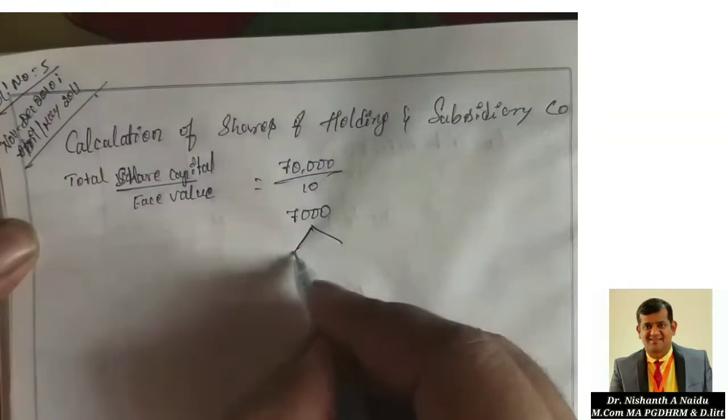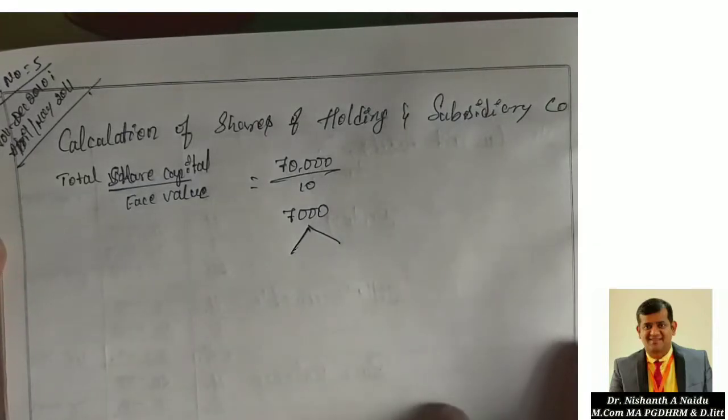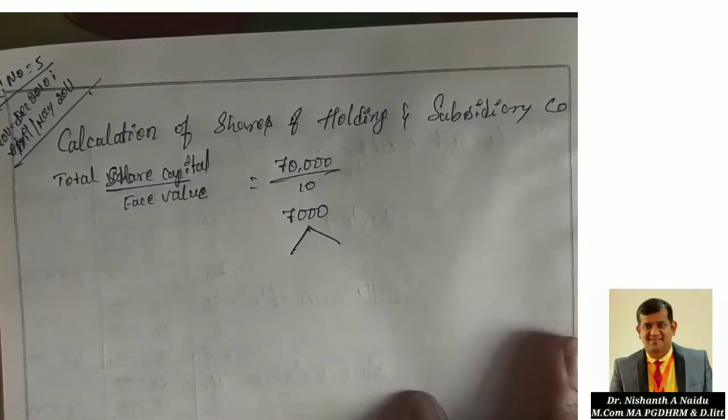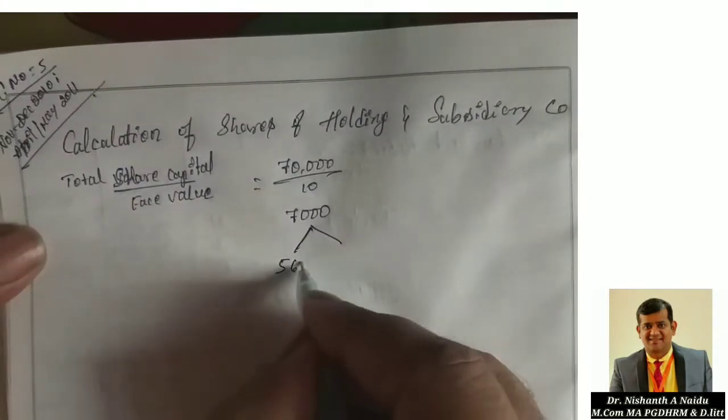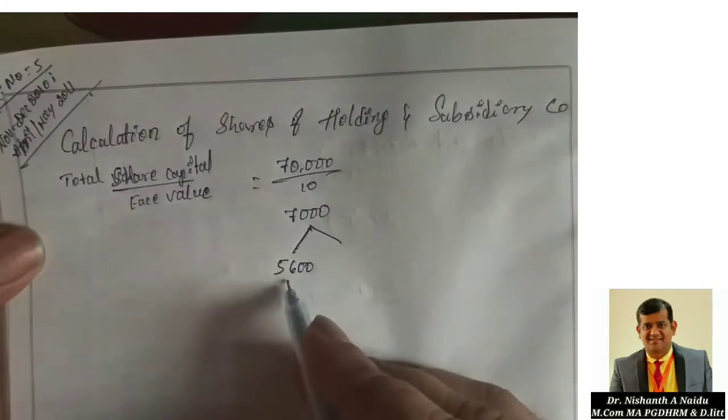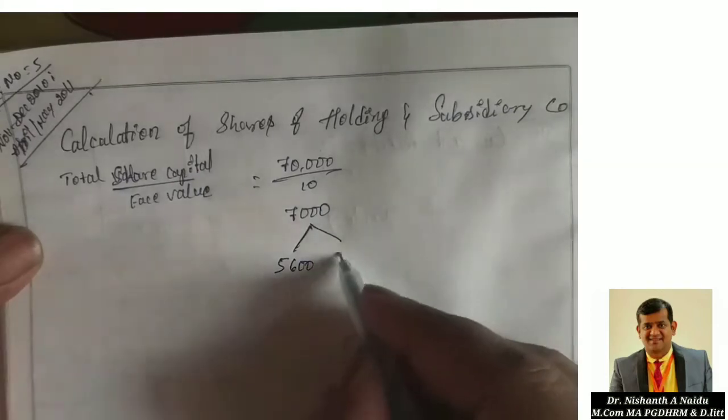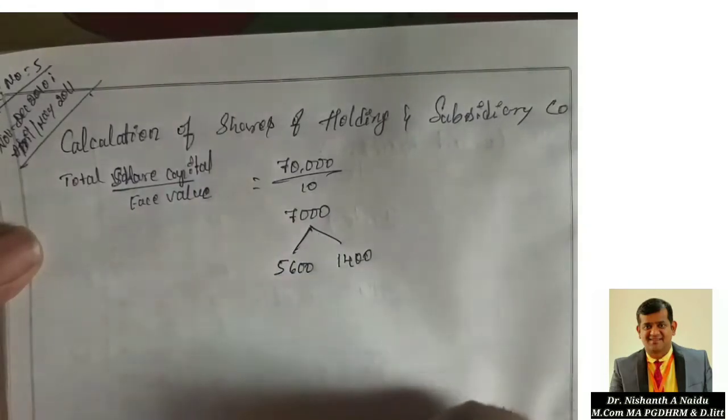So if we look at P Company Limited in the asset side, how many shares have they invested? Investment 5,600 shares in Q Company Limited, 84,000. So how much? 7,000 minus 5,600 is 1,400.